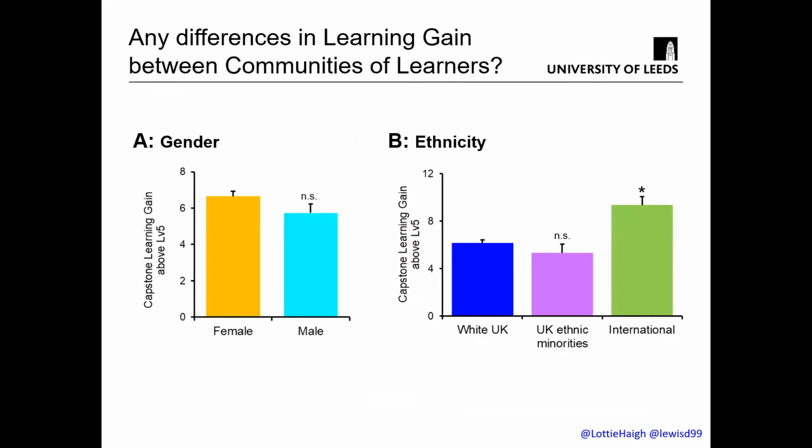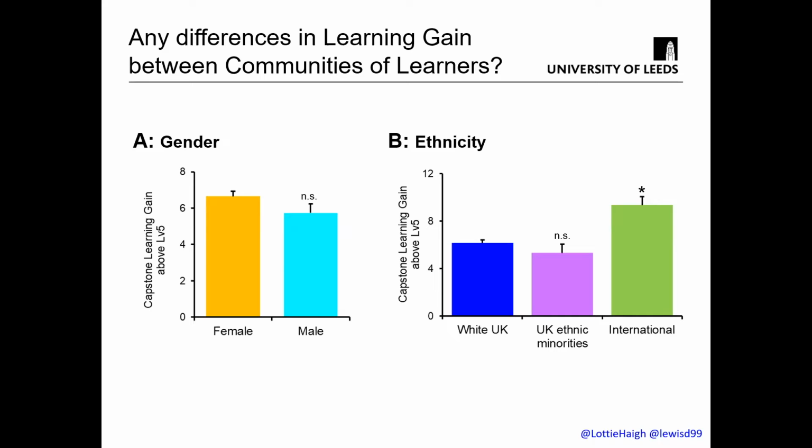What if we start looking at different communities of learners? It's always been said that females do better at coursework, and a capstone really is coursework. If we look at learning gain between males and females for the capstone, there's no significant difference. What if we look at different groups of students?